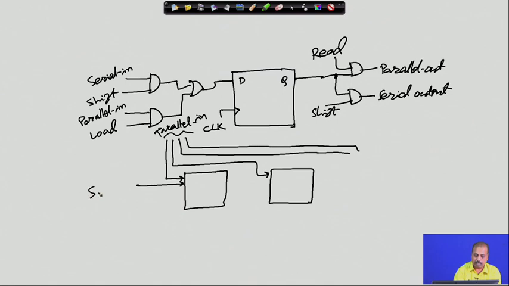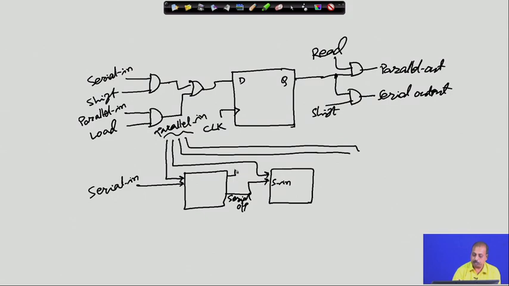But for serial in, the first bit is connected directly. So, this is the serial in, and the serial output of this flip flop should be connected to the serial in of the next flip flop. Then I will need the parallel output lines as well.